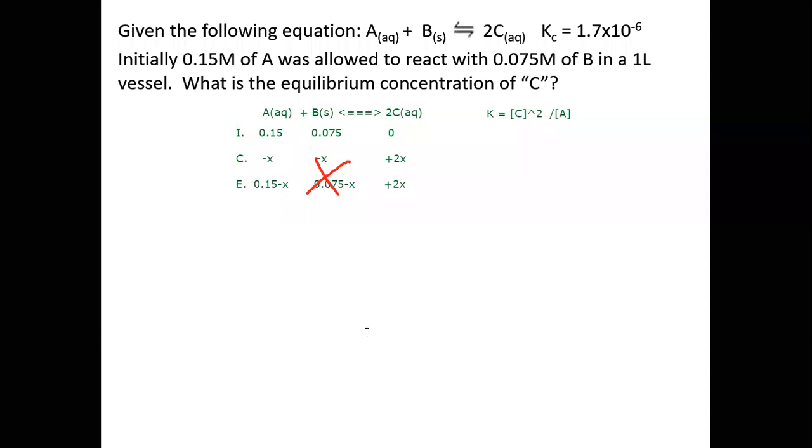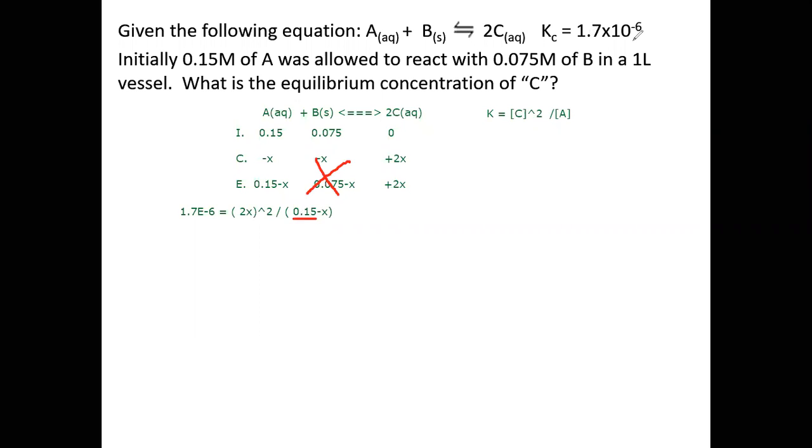So then what we have is 1.7 e to the negative 6 equals 2x squared divided by 0.15 minus x. Now here notice that the initial concentration is 0.15.